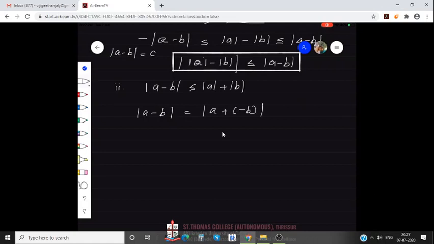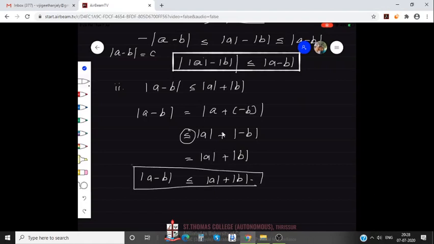Apply the triangle inequality to this one. So this is less than or equal to the absolute value of a plus the absolute value of minus b. And the absolute value of minus b is the same as the absolute value of b. So the absolute value of a minus b is less than or equal to the absolute value of a plus the absolute value of b. Thus, we have the second result of the corollary.